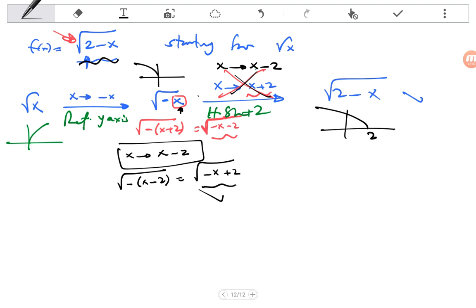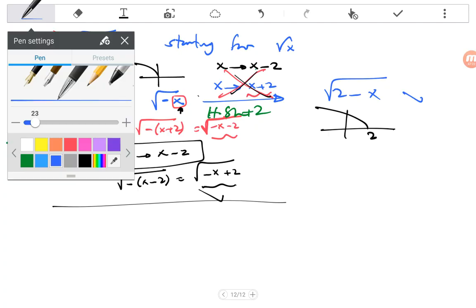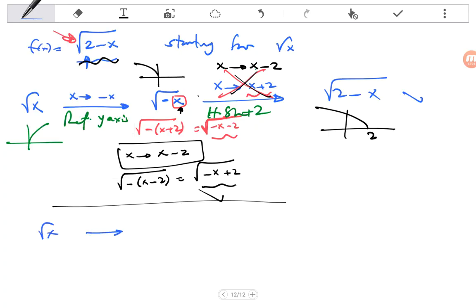Is this the only way to solve this problem? No. I would have started by making the shift. Let's start with root x. If I made a shift, x replaced with x plus 2, that will give me root x plus 2.